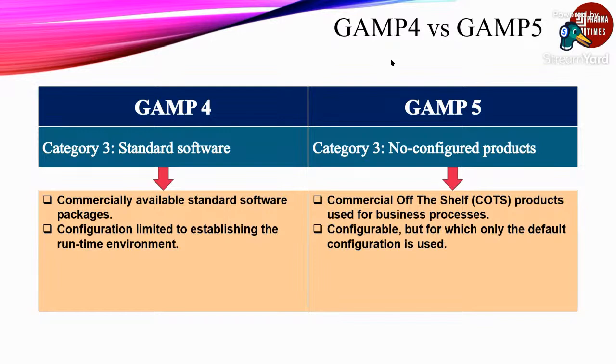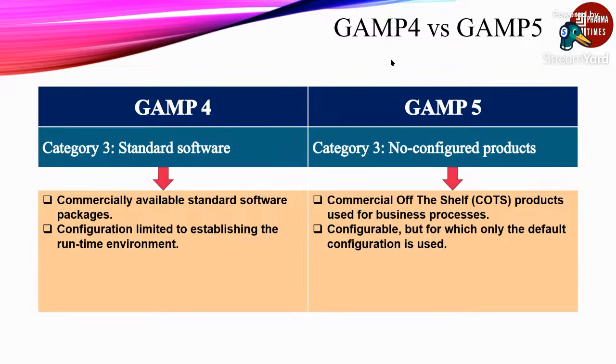In GAMP 4 category 3, commercially available standard software is used, and configuration is limited to establishing the runtime scenario. In GAMP 5 category 3, non-configured products are commercial off-the-shelf products used for business processes. They are limitedly configurable, meaning they have different features but the options are limited, so you can choose any one of the features. It is limited configurable software, which we can say is ready to use.